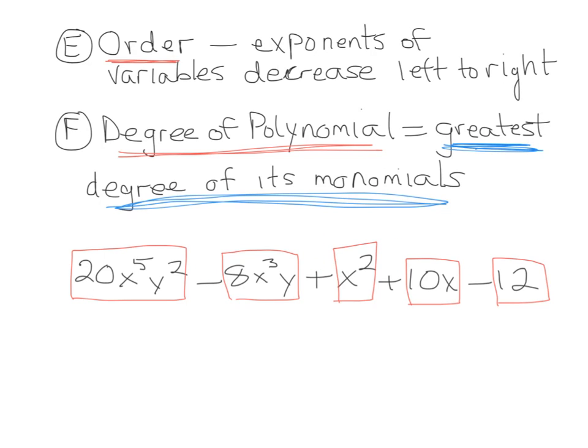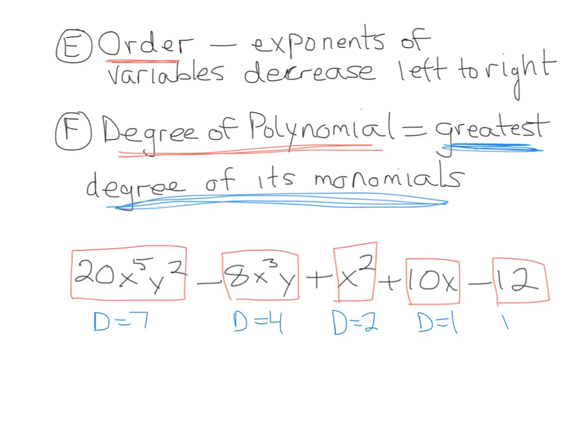Now you find the degree of each monomial. This one would have a degree of 7, because 5 plus 2 is 7. The second monomial would have a degree of 4, because 3 plus 1 is 4. The third one has a degree of 2. The fourth one has a degree of 1.